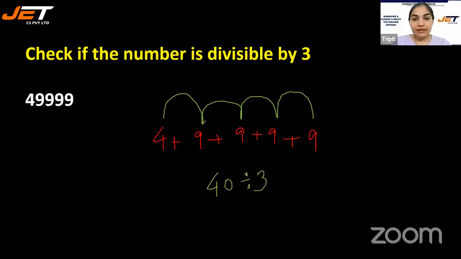Is 40 exactly divisible by 3? 40 does not come in the table of 3 because 3 times 11 is 33. 3 times 12 is 36. Then 3 times 13 is 39. Then we have 42, 3 times 14 is 42. So it's not divisible by 3. That means this is also not divisible by 3.